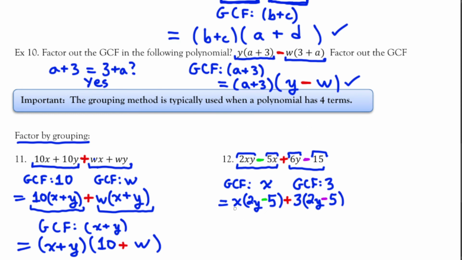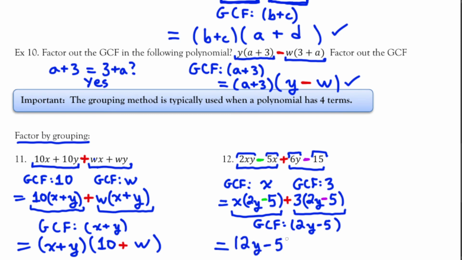Finally, because I'm doing factoring by grouping, I'm hoping that these 2 mega terms that I have together have something in common. And sure enough, they do. They both have a 2y minus 5. So let's take 2y minus 5 out of both of these big groups.